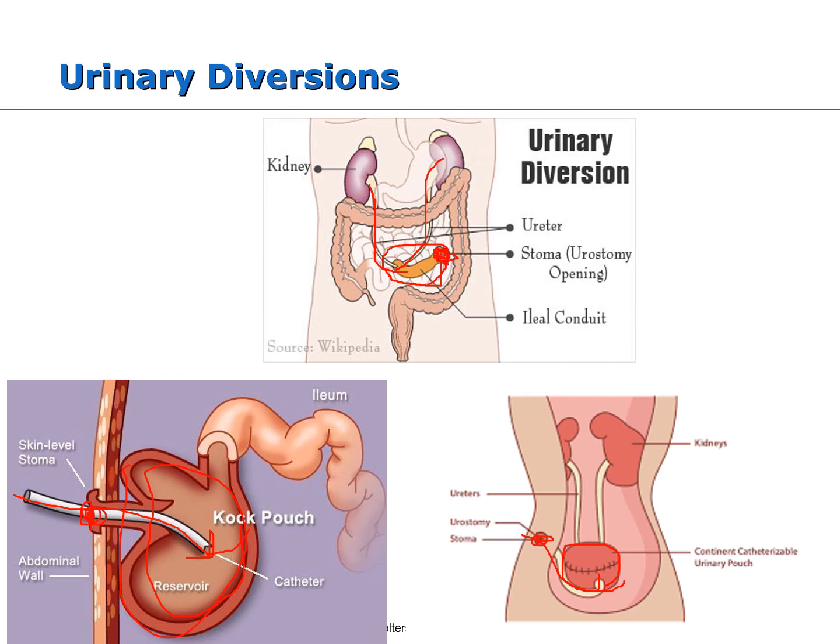If they have the ileal conduit with the stoma coming out, like this one here, they will have an ostomy bag for urostomy that will drain. So this requires a urostomy bag or external appliance. The Kock pouch and the Indiana pouch do not require an external appliance, but they do have to straight cath to empty that.